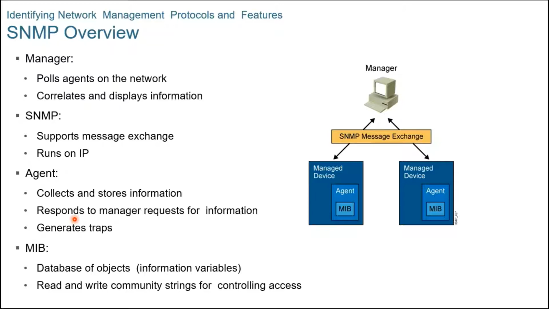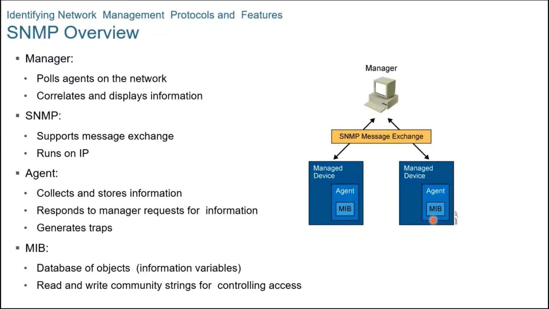SNMP traps are sent by the management agents to the NMS when certain events occur. Trap notifications could result in substantial network and agent resource savings by eliminating the need for some SNMP polling requests. And the other one would be the MIB, or the management information base.